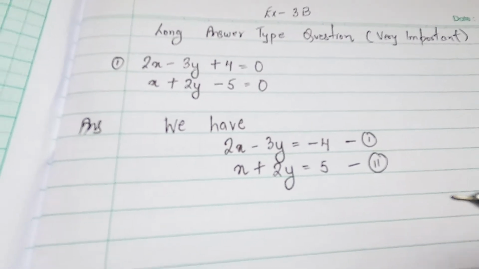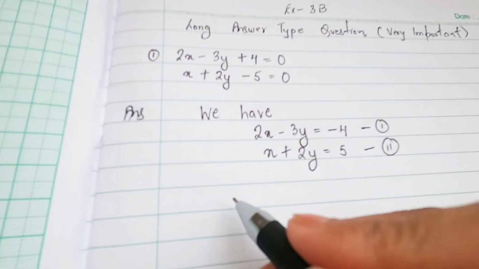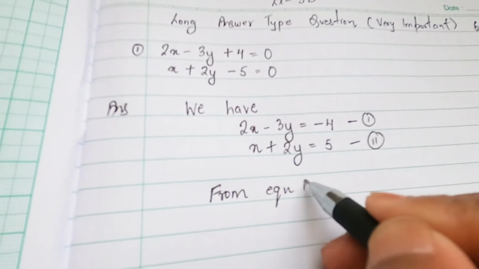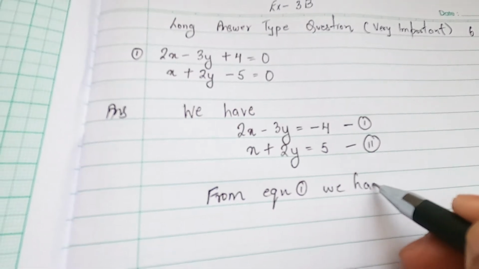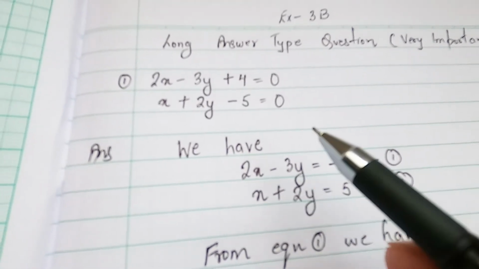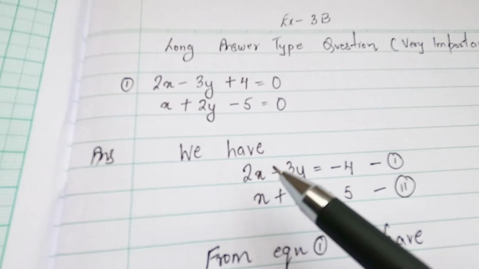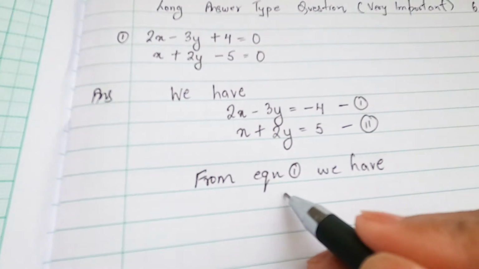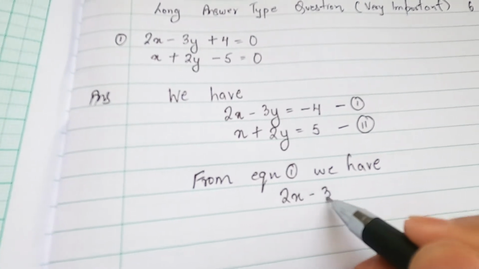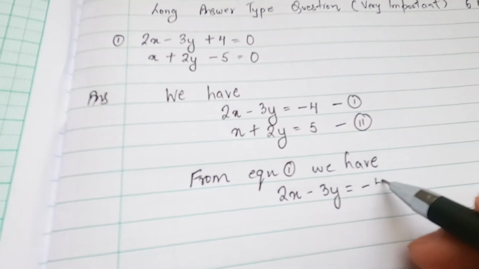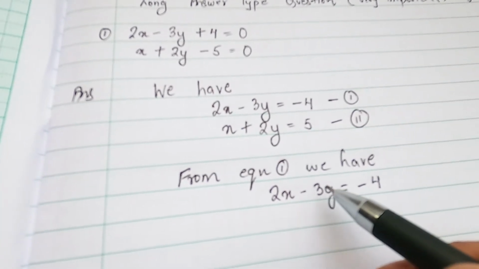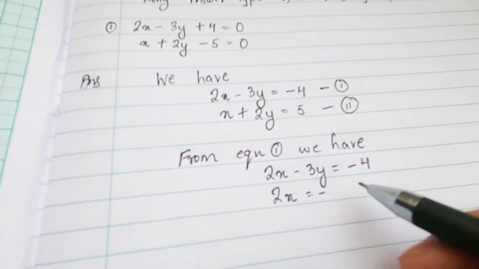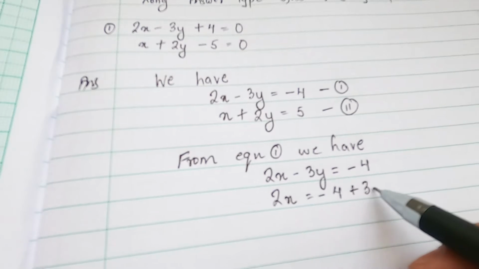Now to find the 3 points, we will take equation 1. From equation 1 we have to find the 3 coordinates for x and y. So we write 2x minus 3y is equal to minus 4. Then minus 3y we shift to the right hand side, so it becomes minus 4 plus 3y.